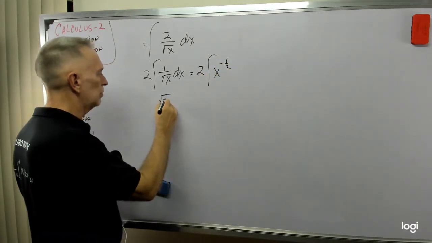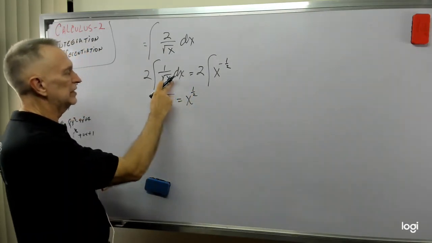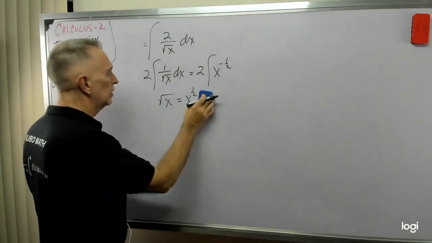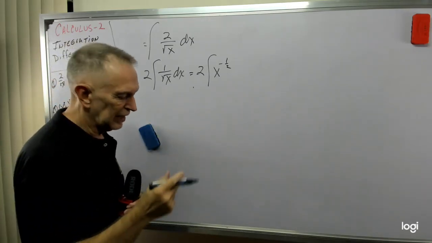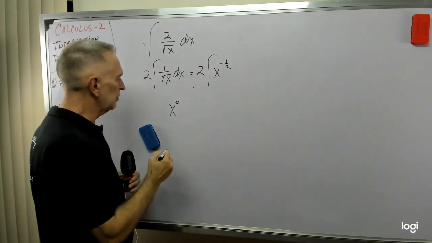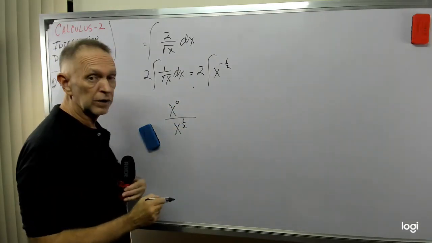You know, square root of x is equal to x to the 1/2, but since it's in the denominator and I bring it to the numerator, I have to put the negative sign. Actually, if you think in your mind, this 1 really could be x to the 0. And I have x to the 1/2 down here.